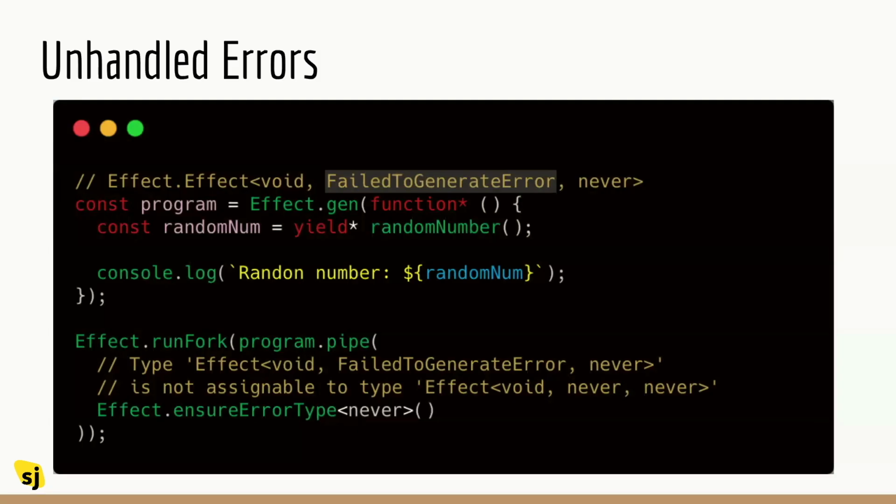The way Effect makes it type safe is when you run this helper called Effect.runPromise, and I specify never as the error type, that means TypeScript is going to complain. So anywhere in your application, at the top level or wherever you haven't handled a failed effect and you're trying to run the program, your program's not going to compile.